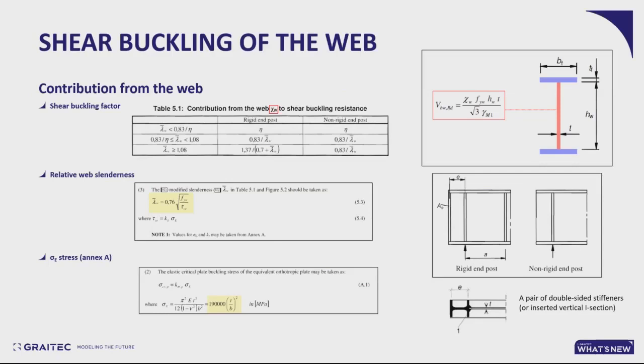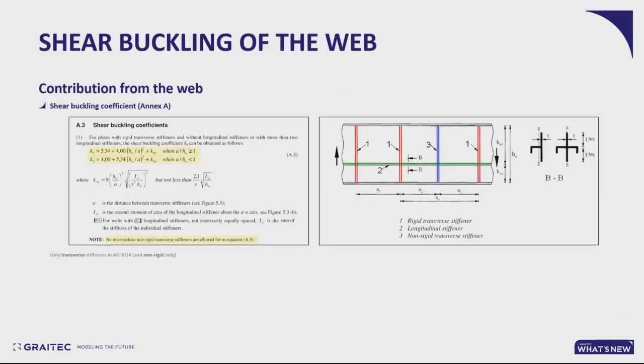This stiffener can be rigid or non-rigid. So a rigid stiffener will lead to a better contribution from the web. But to qualify as rigid, there is a condition to meet. So, for example, you will often need a pair of double-sided stiffeners, or even an inserted vertical I section at the beginning and end of the plate.